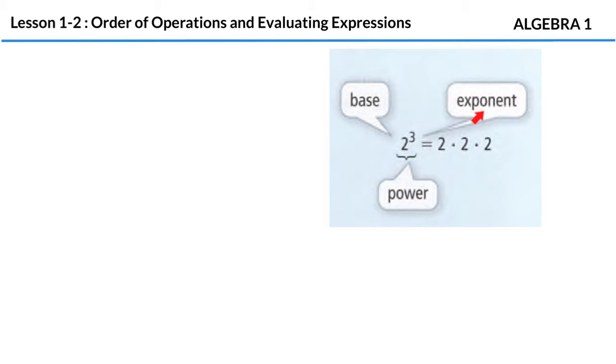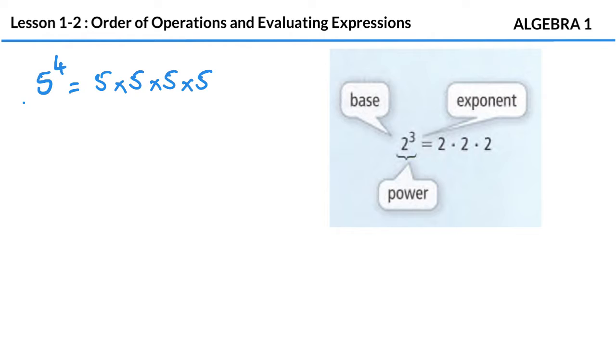So we know what an exponent is and we know what a base is. For example, 5 to the power 4. What does it mean? It means 5 is multiplied by itself 4 times: 5 times 5 times 5 times 5.